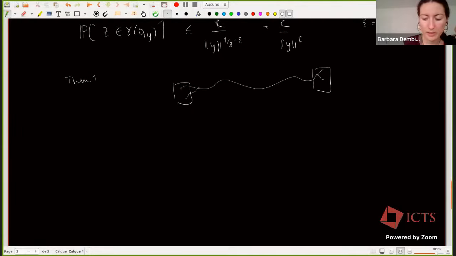To prove this theorem, we have a key proposition, and in fact this key proposition also holds in any dimension, not only in dimension 2. I'm going to be really vague on the terms in the proposition because it's a bit heavy to introduce precise definitions. The proposition says that with high probability, a geodesic has a lot of attractive intervals.